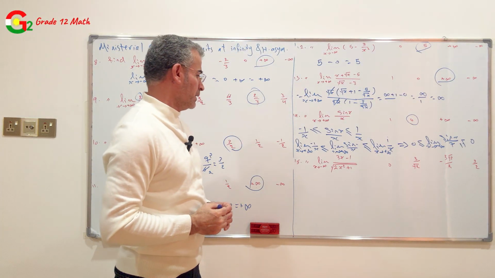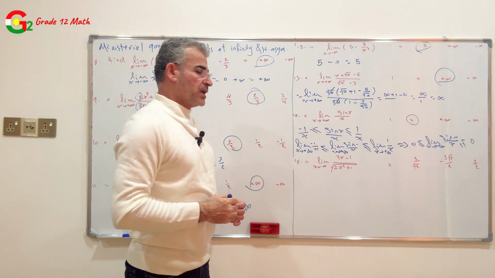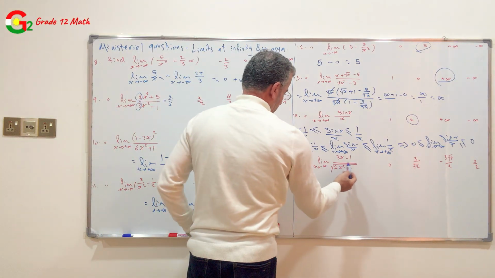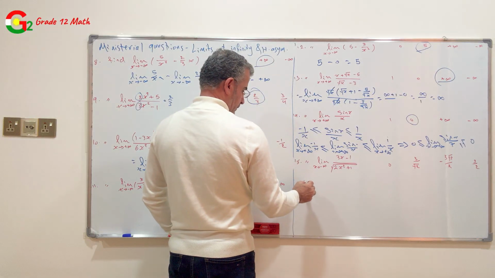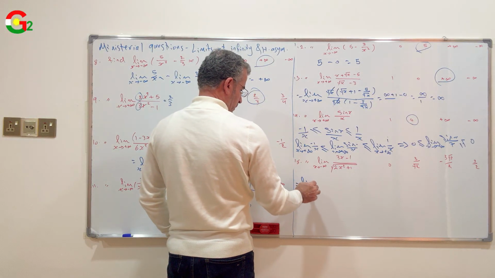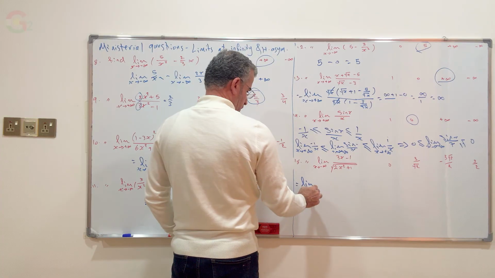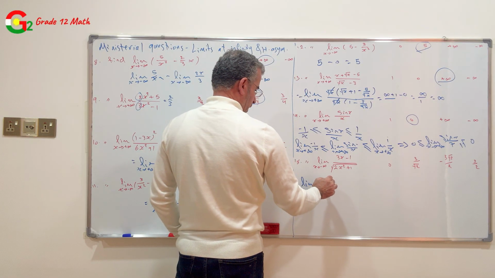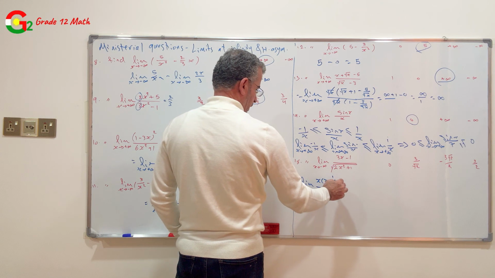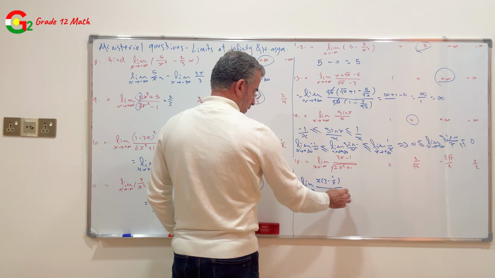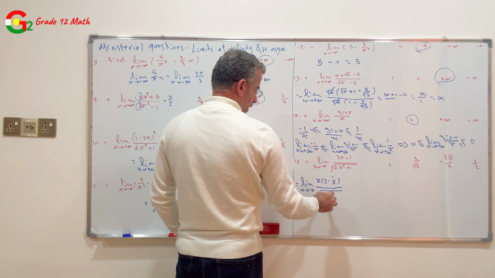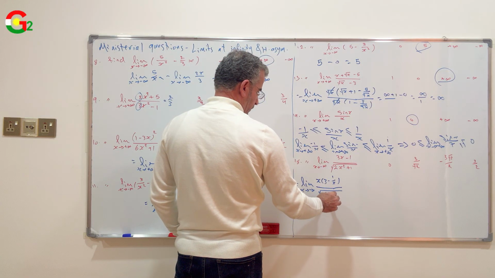Question number 15. Find limit when x approaches negative infinity of 3x minus 1 over square root of 2x power 2 plus 1, equals limit as x approaches negative infinity. Factorize the numerator by x: 3 minus 1 over x. For the denominator, factorize the term under the square root by x power 2.